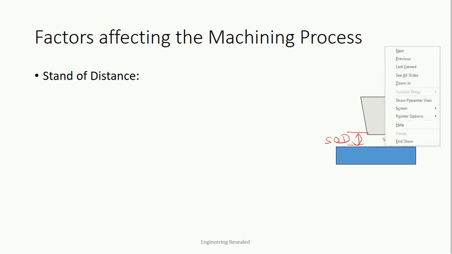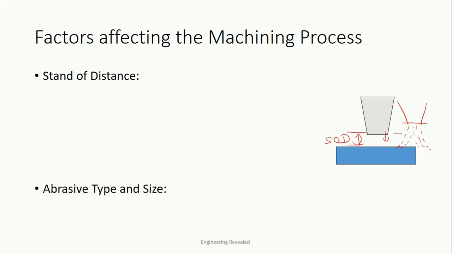So it should have some minimum distance. If the distance is more, what will happen? There will be a spreading effect of the abrasive particles, so it will also be ineffective. So stand-off distance has very high importance during the machining process.